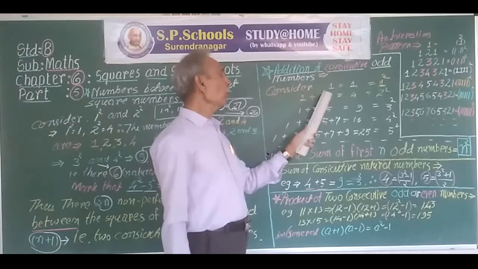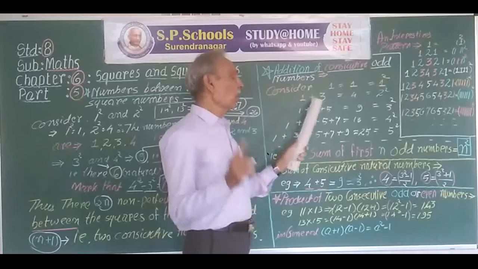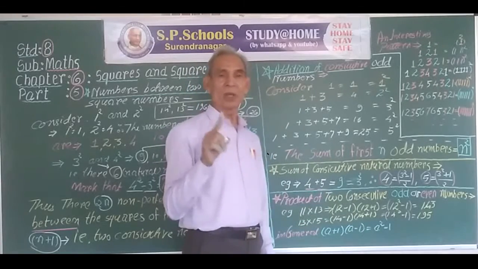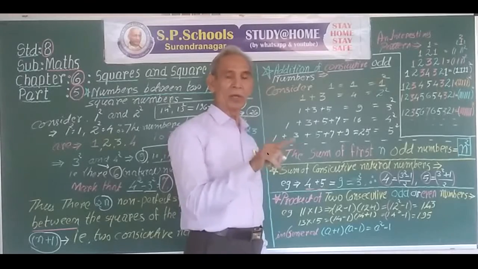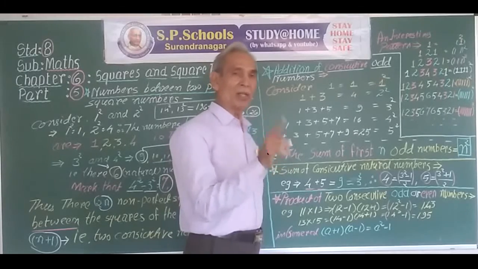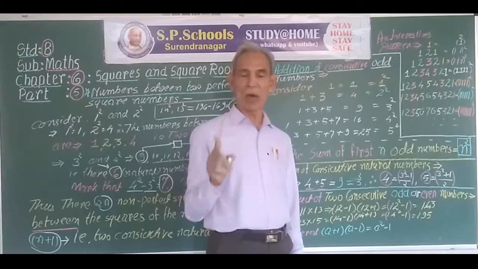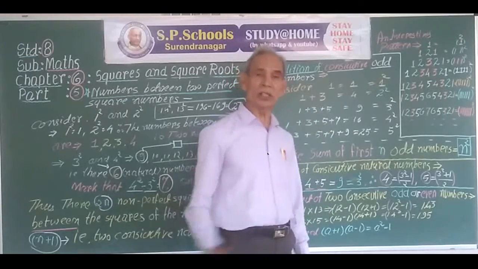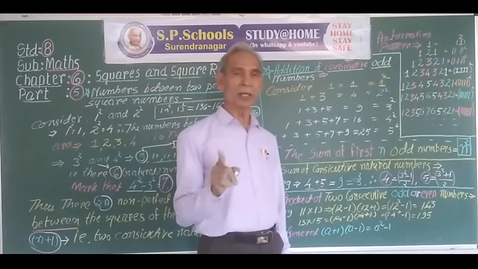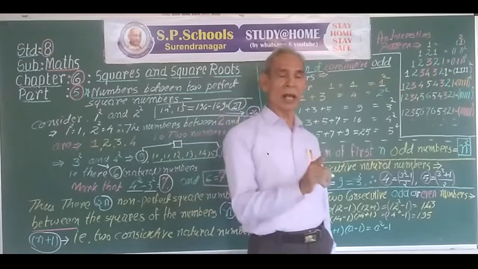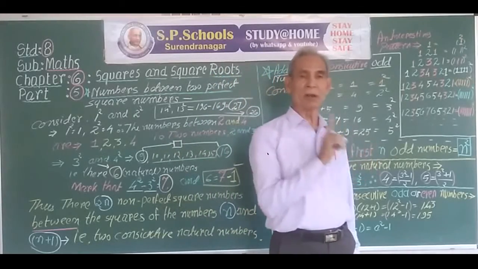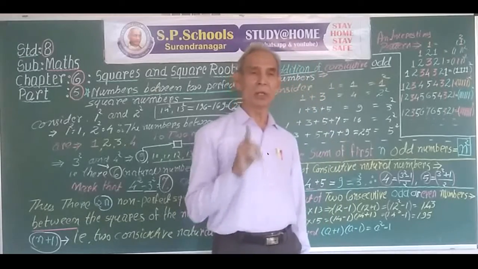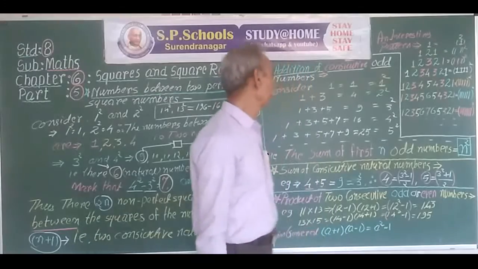But consecutive odd numbers are 1, 3, 5, 7, 9, like that. Serially 1, 3, 5, 7, 9, 11, 13, 15, 17, 19, 21, 23, like that.